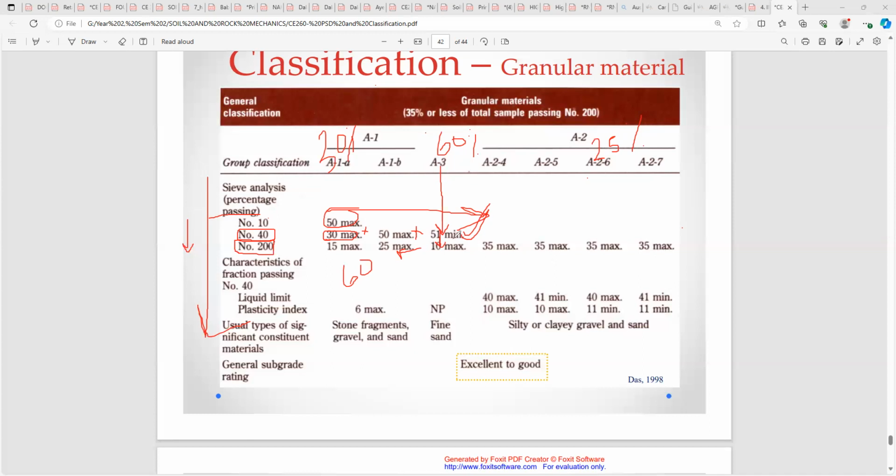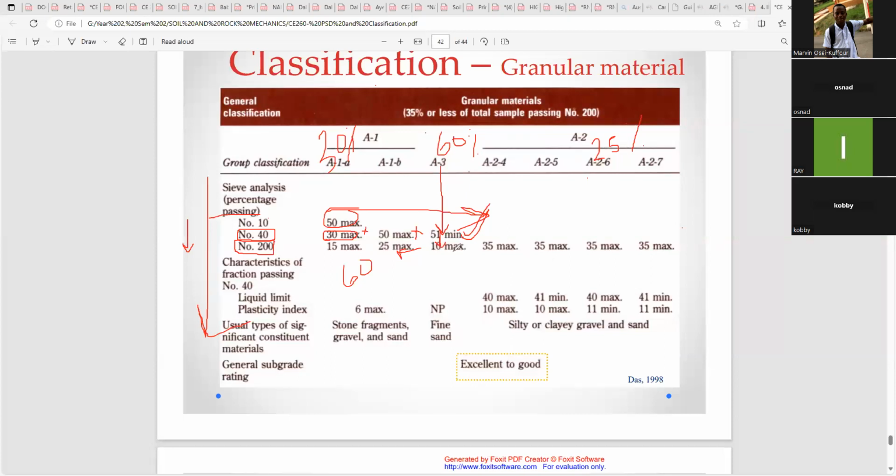So number 200, the maximum that we should have for the soil to belong to A3 is that we should have the percentage passing number 200 to be 10% maximum. But here is the case, we have 25%. So what do we do? We just go forward. We don't look backwards. We are looking forward like that.